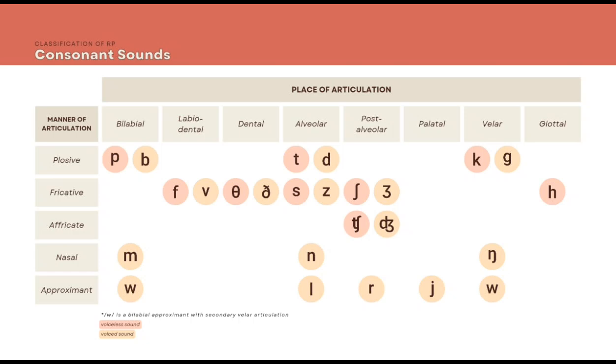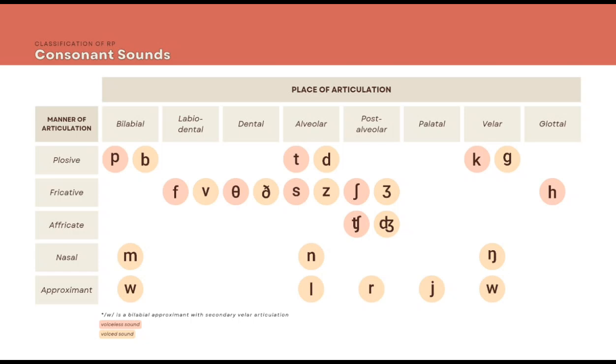So under manner of articulation, we have the plosives, the fricatives, the affricates, the nasals, and the approximants. Under the plosives, we have consonant P and consonant B.